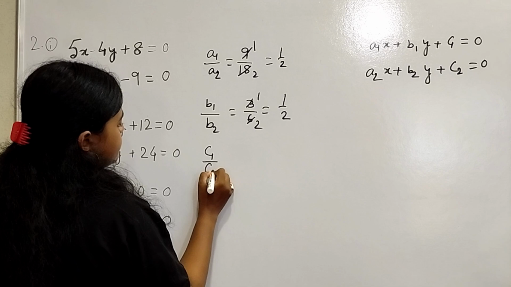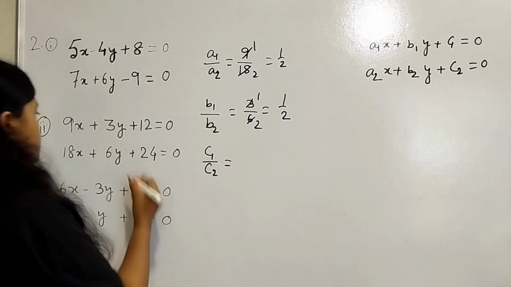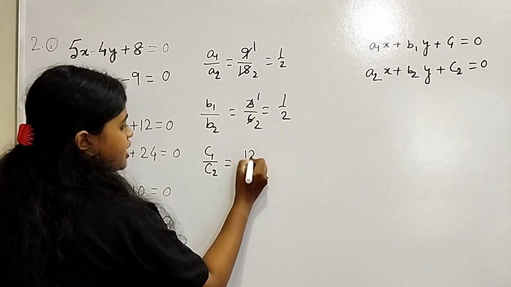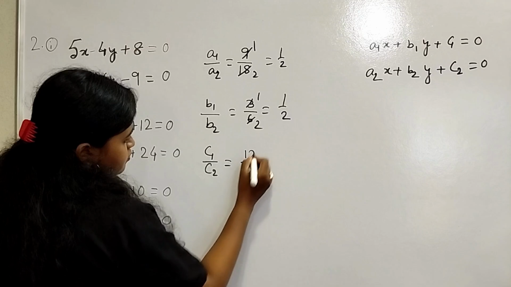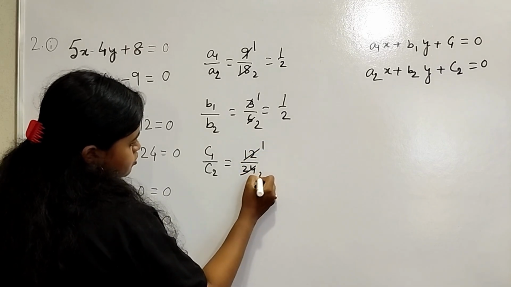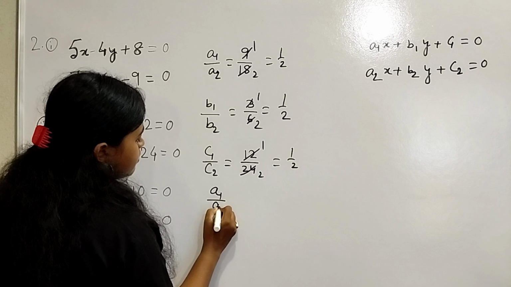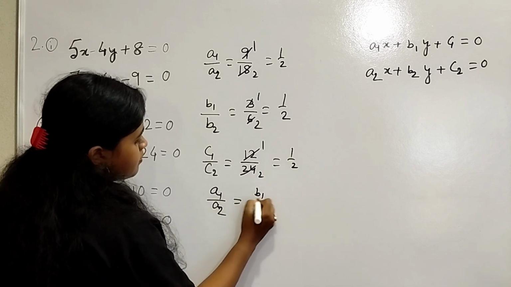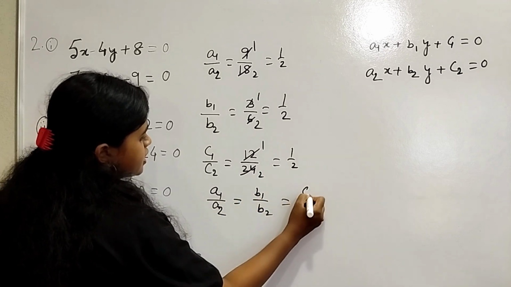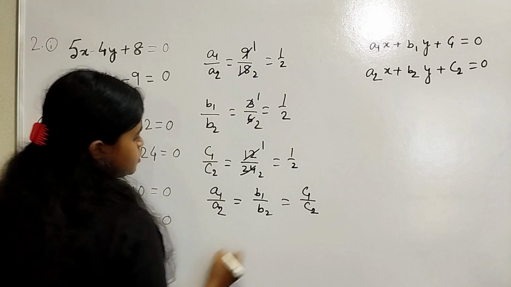And C1 by C2 equals 12 by 24, 12 1s are 12, 12 2s are 24, that is 1 by 2. Here we are getting A1 by A2 equals B1 by B2 equals C1 by C2.